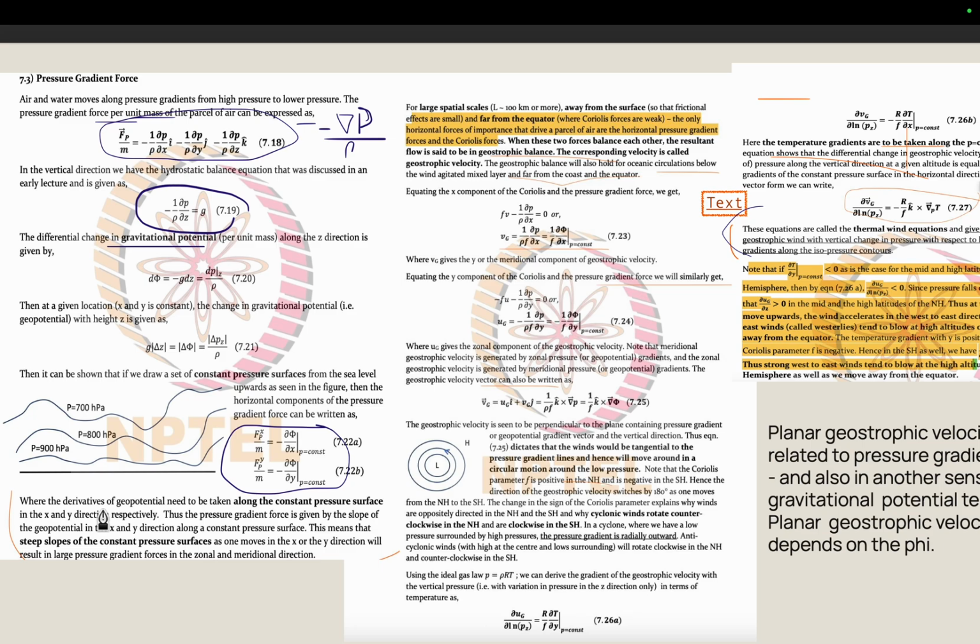Here the derivatives of the geopotential are taken along the constant pressure surface in the x and y directions respectively. So the pressure gradient force is given by the slope of the geopotential in the x and y directions along a constant pressure surface. This means that steep slopes of the constant pressure surfaces as one moves in the x or y direction result in a large pressure gradient force in the zonal and the meridional direction.